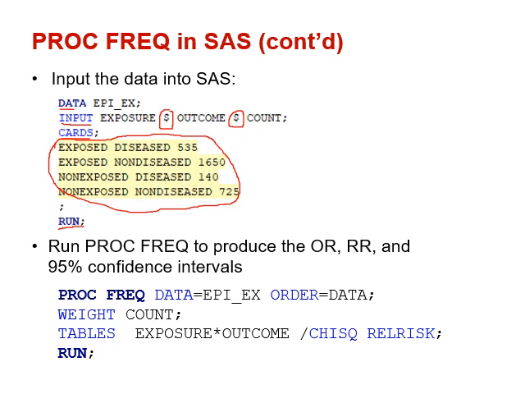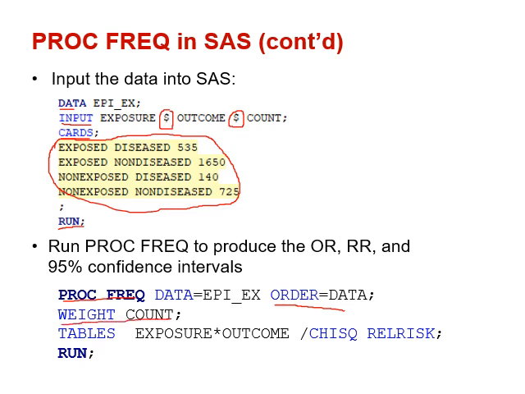The procedure step uses proc freq to produce odds ratio, relative risk, and the confidence interval. Order equal to data orders values according to their order in the input data set.